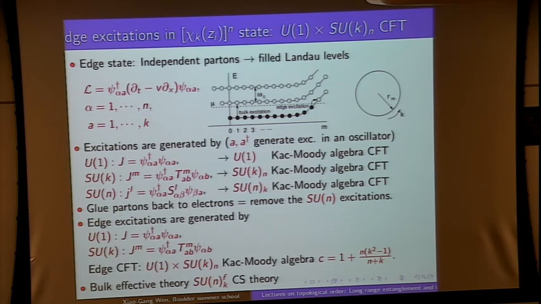Therefore, we can view this fermion theory as a boson theory, a theory with three currents, and these three currents generate everything. It's a kind of bosonization, called non-abelian bosonization because we have the SU(N) and SU(K) boson fields. So we can view the fermion theory as this non-abelian boson.